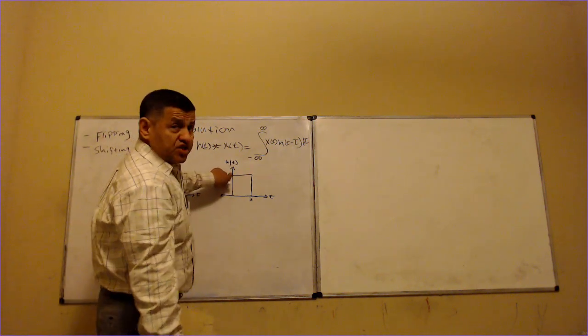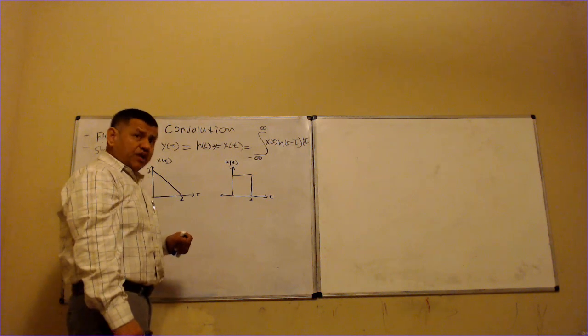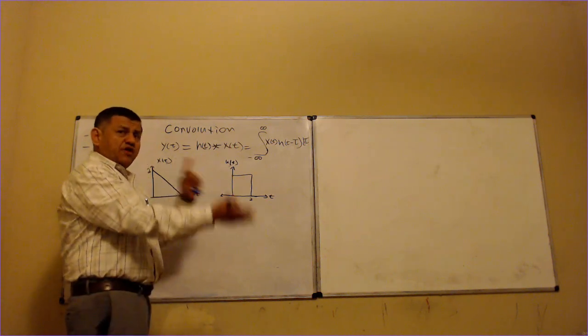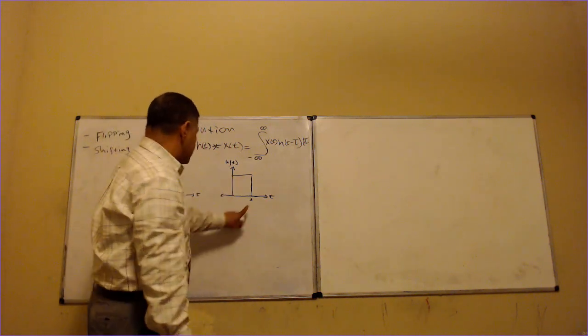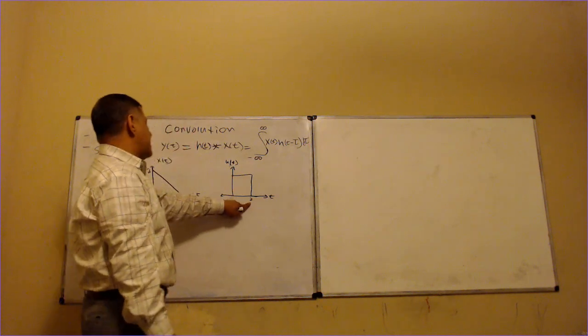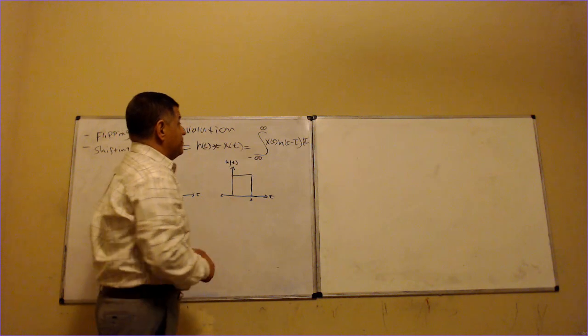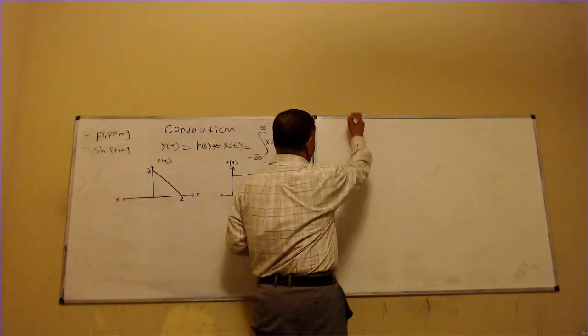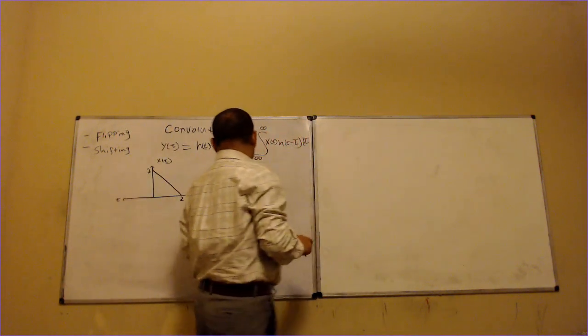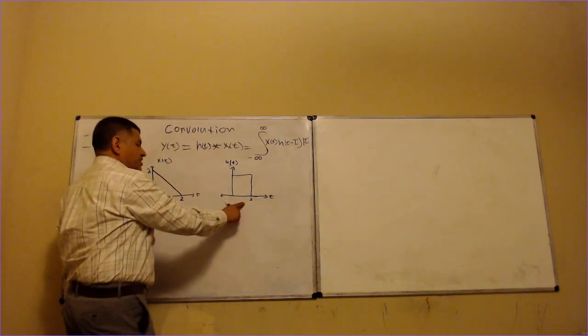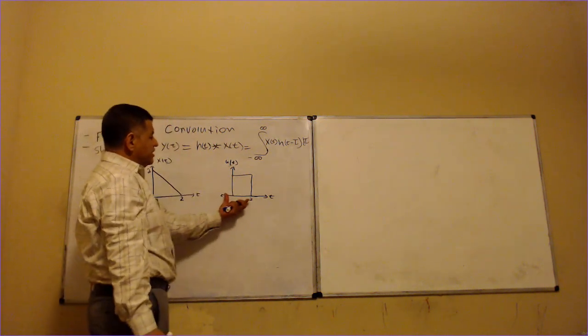Because the shifting is important, the flipping is just flipping, right? But the shifting is a very important number right there. So how do we do that? In this case, I am shifting this function.